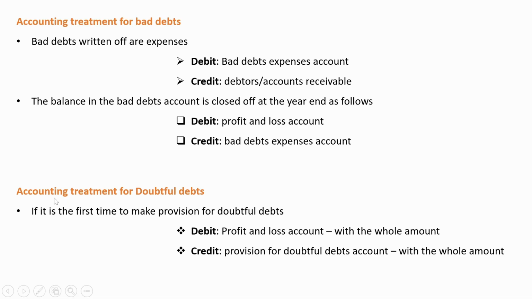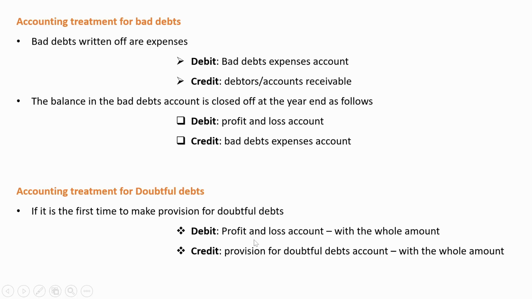So next we have accounting treatment for doubtful debts. So for the doubtful debts, there are some things you are supposed to know. Let us start with the first thing. If it is the first time for a business to make provision for doubtful debts, these are the entries we make.